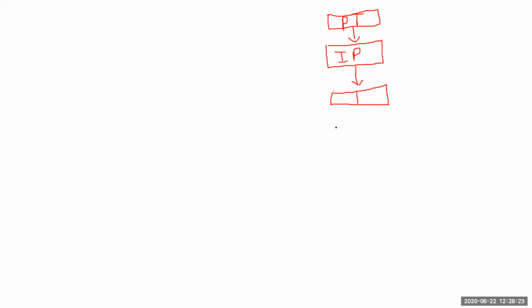After this, we operate the Feistel structure. The Feistel structure has two different types of components: number one, the round function, and number two, the swapper.